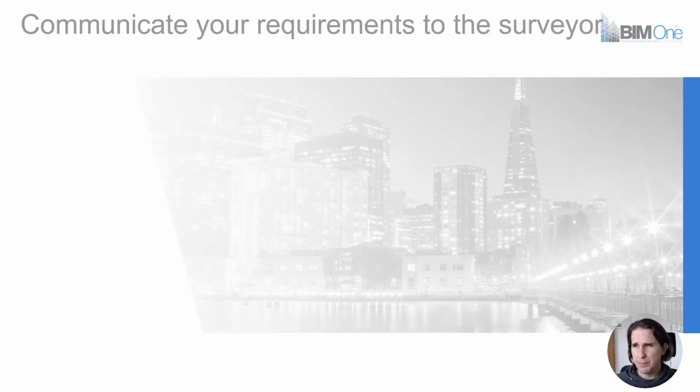So the next point would be to talk about how you would communicate your requirements to the surveyor. CAD files have versions, so you need to be aware of that. And I guess you know, but you have to take care also about the units. Units need to be checked.